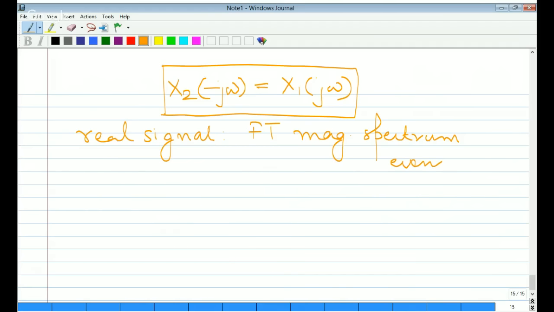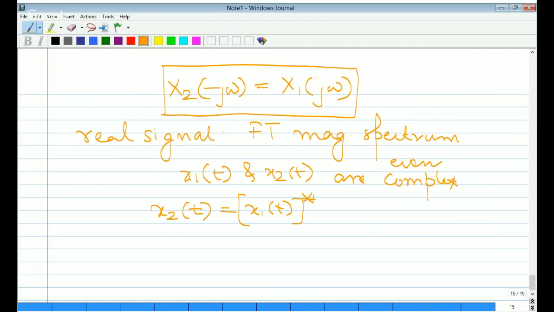That means the signals are not real. That means x1(t) and x2(t) are complex. Is it fine? If they were real, their Fourier transform would have symmetry about the imaginary axis. Now, since X2(−jω) is X1(jω), that means x2(t) is conjugate of x1(t).